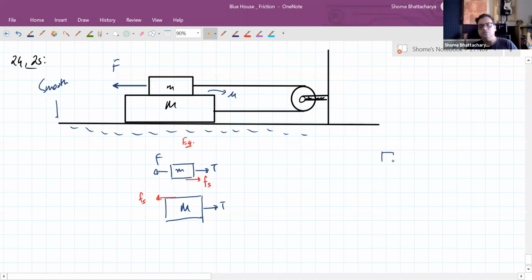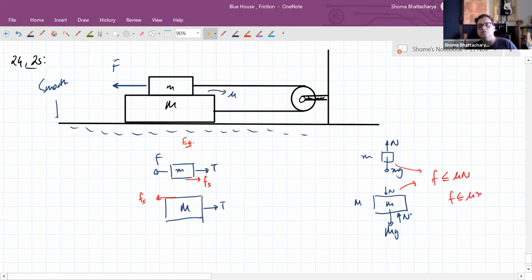And of course the vertical forces you can see, they're showing it separately. So the friction here will be less than or equal to mu n, so mu small m g. This is the limiting value.